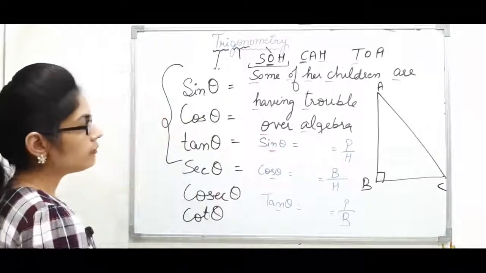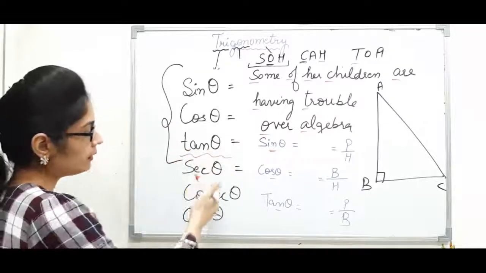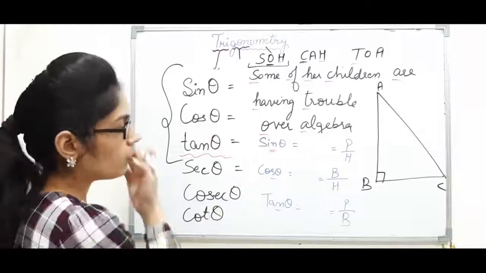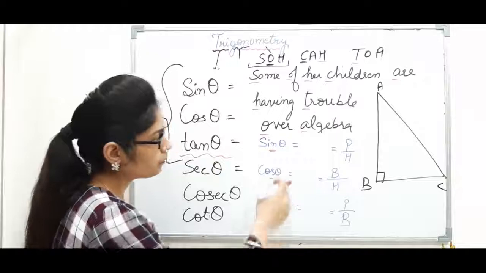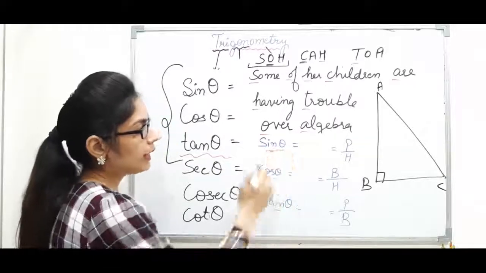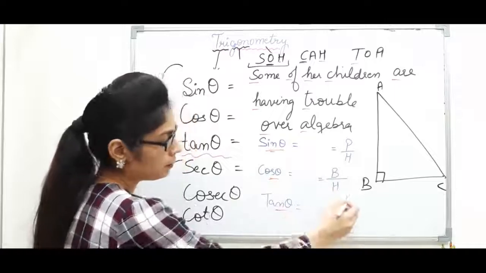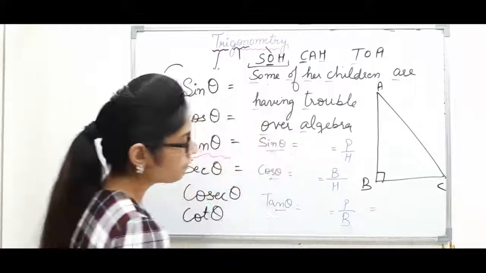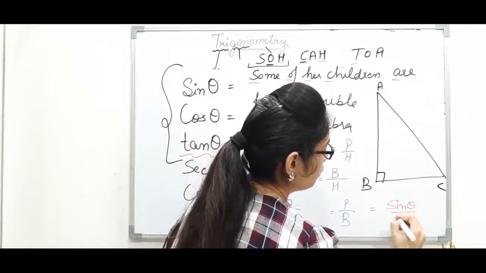Now the first 3 we have already done. The remaining 3 are secant theta, cosecant and cotangent. First, tan: sin theta is P by H, cos theta is B by H, and tan theta is P by B. You can also remember it as sin theta upon cos theta.